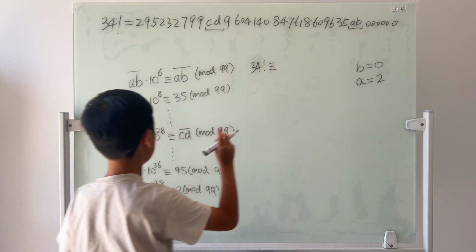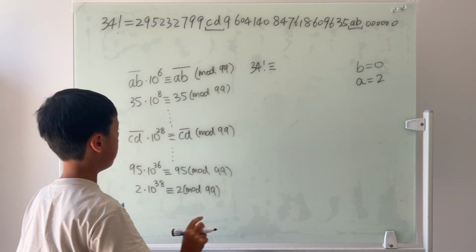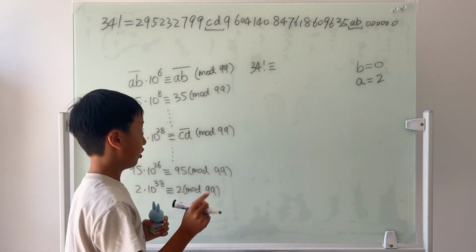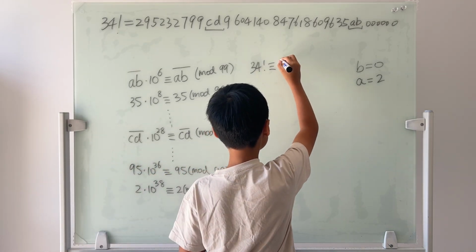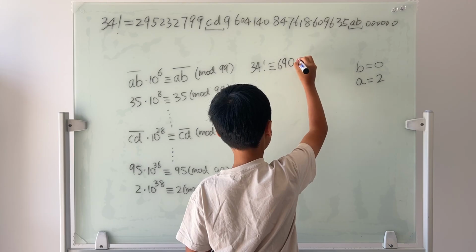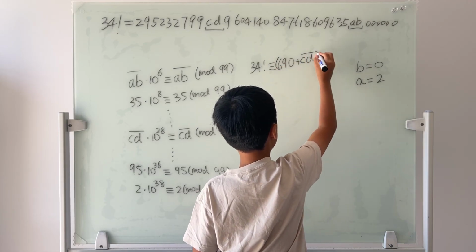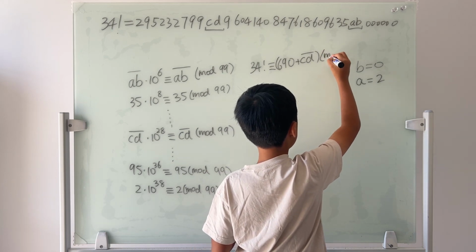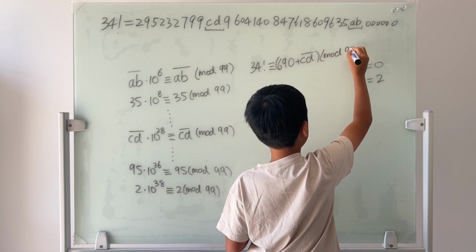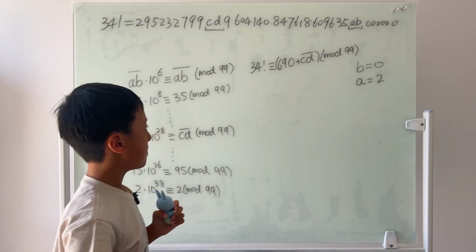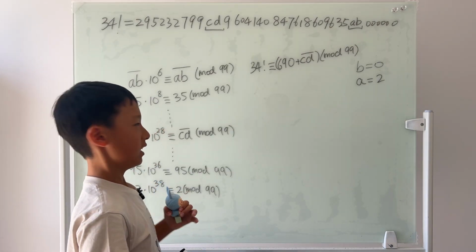And this is congruent to, you add all of the right-hand side up, which, if you do this on your own, you'll get 690 plus CD, mod 99.